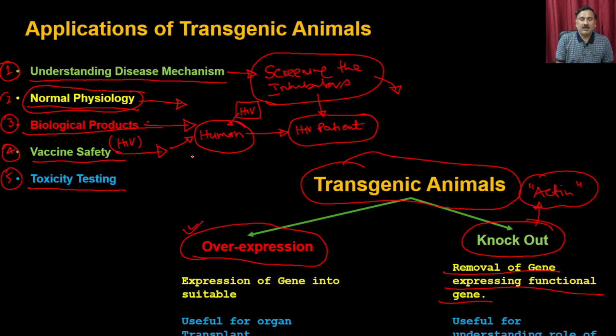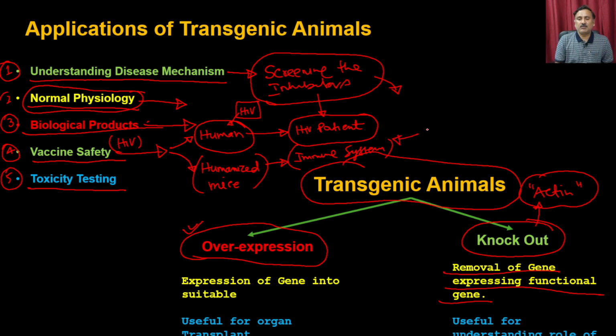But apart from this, you can do the same experiment in an animal, in a transgenic animal. What you can do is develop a humanized mice, where the mice have an immune system behaving like a human system. So, you can take the humanized mice, whose immune system belongs to humans, and infect them with HIV.